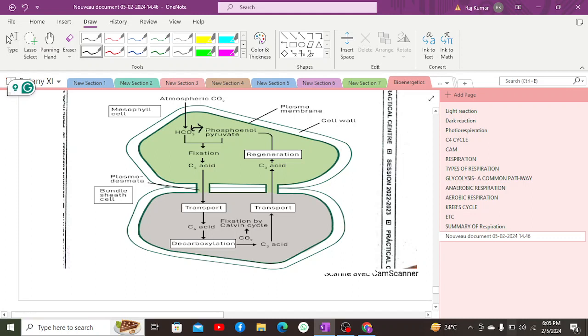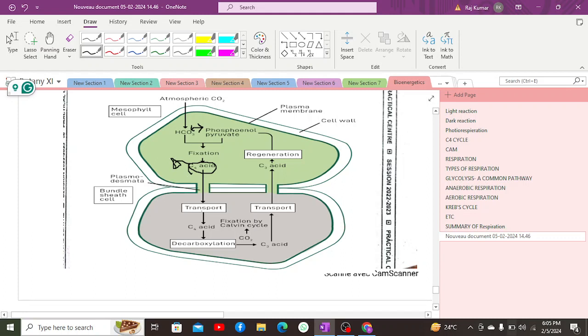So carbon dioxide combines with phosphoenol pyruvate, which means carbon dioxide fixation occurs here through the enzyme PEPcase, as a result of which a C4 acid is formed. This C4 acid is oxaloacetate, the first stable four carbon compound.